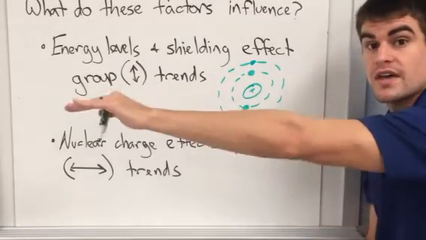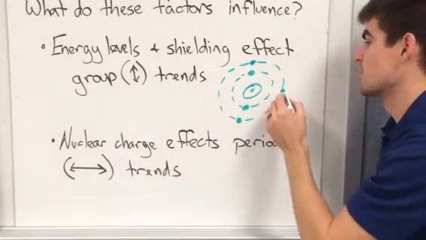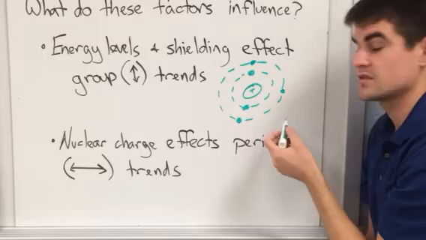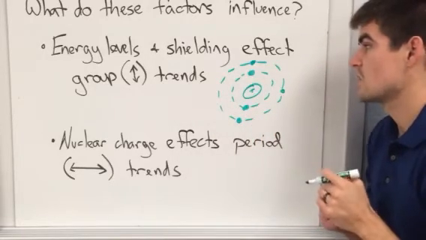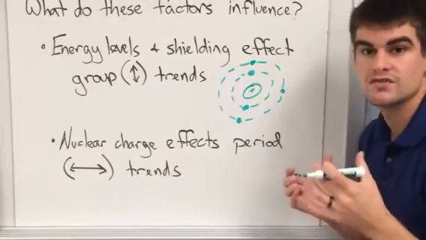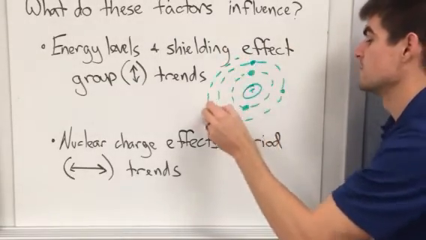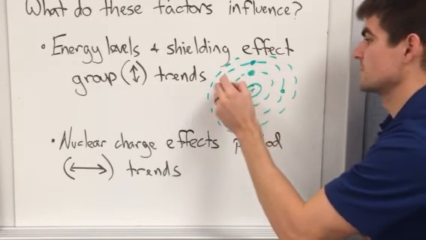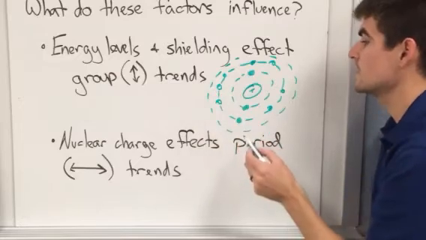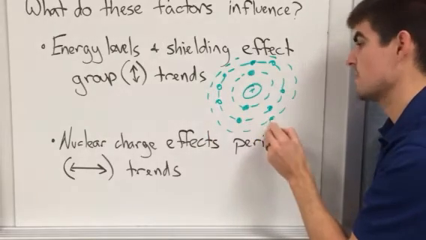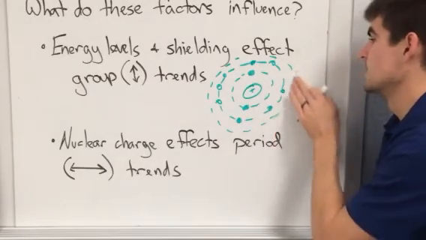As we go across that row, to beryllium, and then from beryllium to boron, notice where I'm putting the electrons. I'm putting the electrons in the same ring, so those electrons aren't quite as far out as if I have to jump rings. If this one fills up to 8, 5, 6, 7, and 8, well now that next electron has to go out here. So think of it that way.